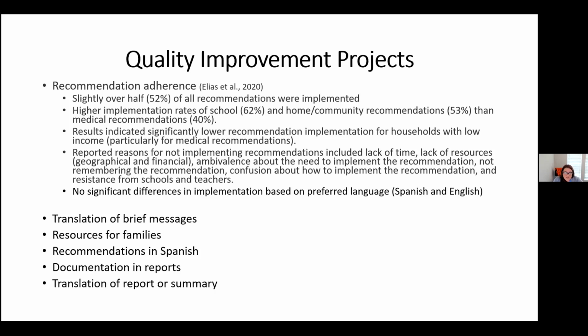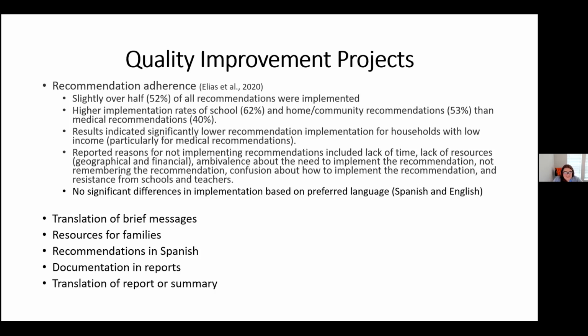However, language was not an issue because at University of New Mexico, a summary of the evaluation and a list of the recommendations in the family's language are provided. So if you give the tools to the family in their language, they are going to implement the same amount of recommendations on average as their English speaking counterparts and monolingual family members.